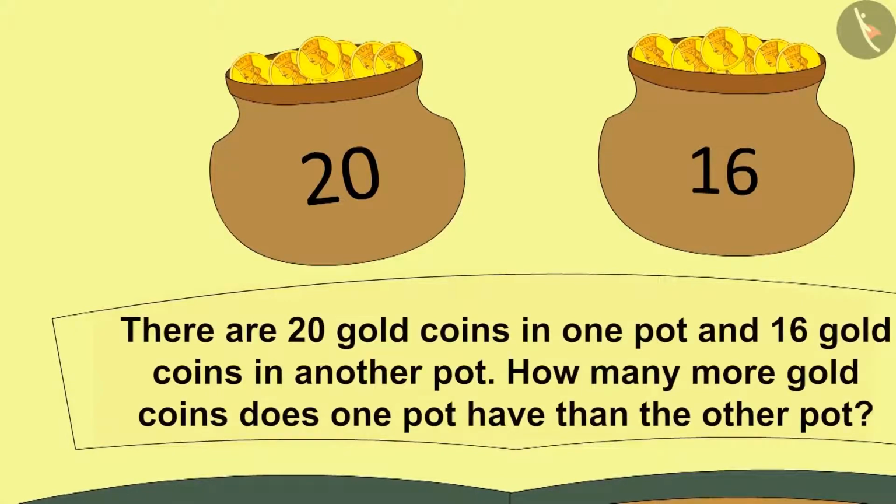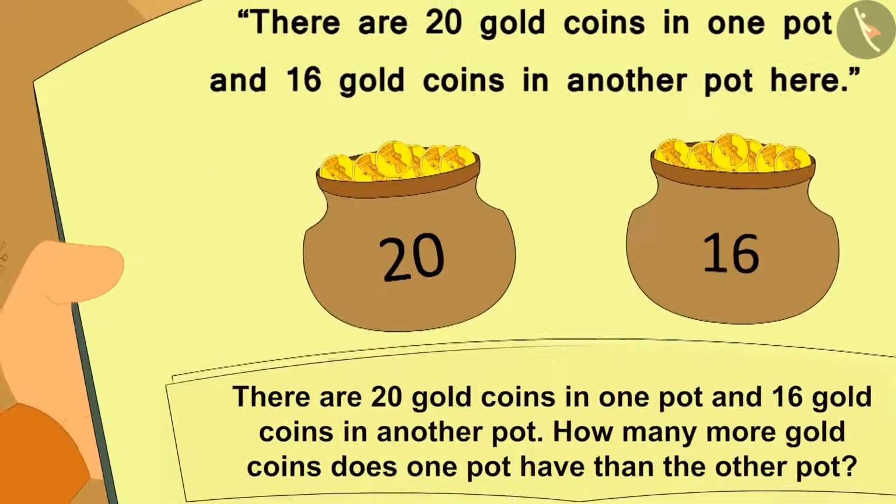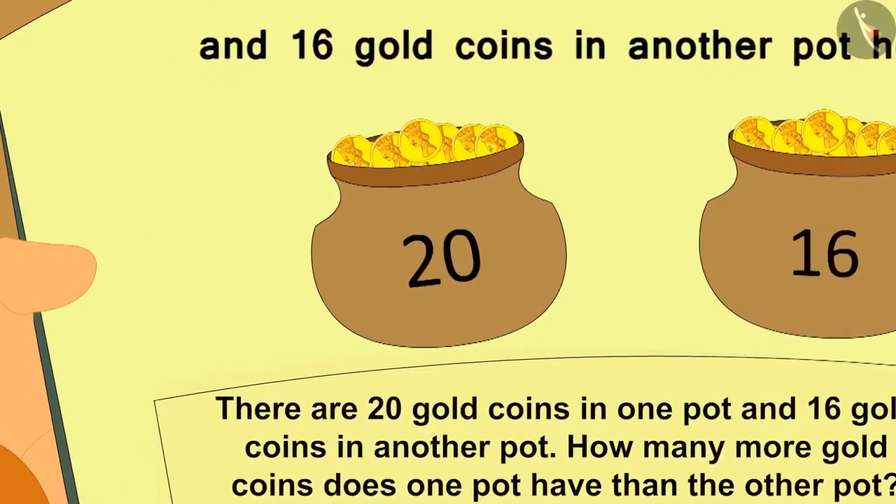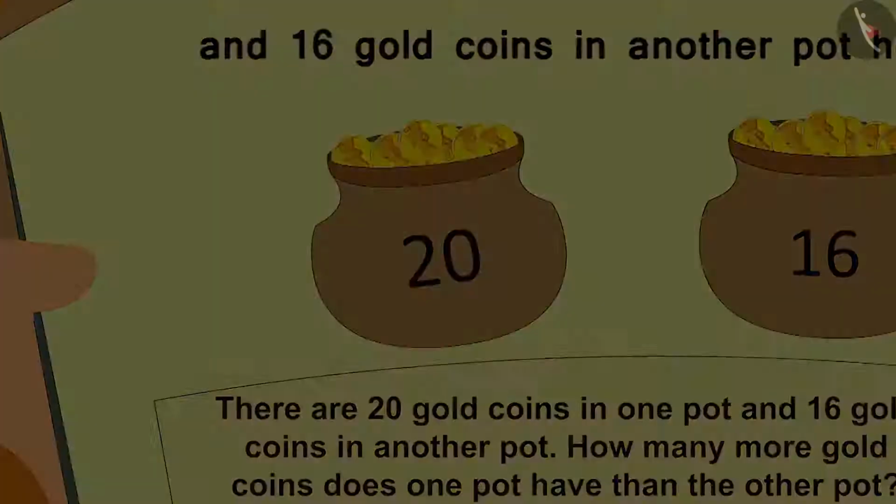Here, there are 20 gold coins in one pot and in another pot 16 gold coins. How many more coins are there in one pot from another? Likewise, we can make a subtraction puzzle as well.